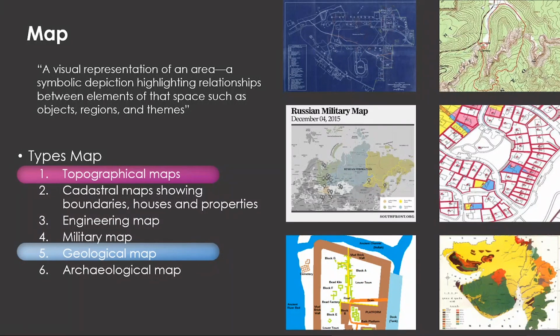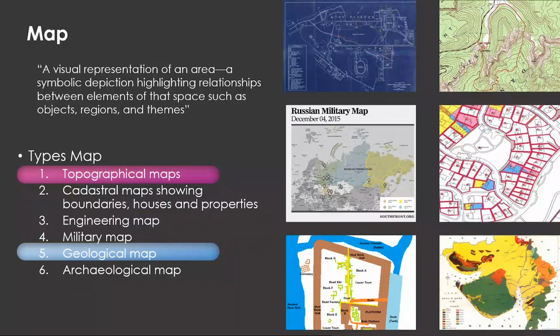Whereas the geological map shows geological characteristics such as rock type. Topography will also be there in the geological map. The contacts between different lithological boundaries will be shown in the geological maps.